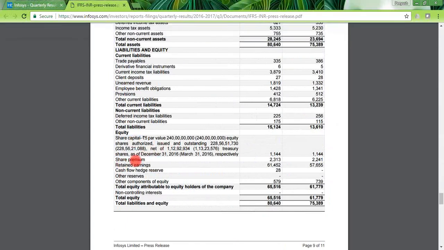So share capital, share premium, retained earnings, some other hedges and other components of equity. Total equity value attributable to equity holders is 65516. 65516 is basically the total equity value. That's the book value, right? Your total assets minus all external liabilities is going to give 65516.